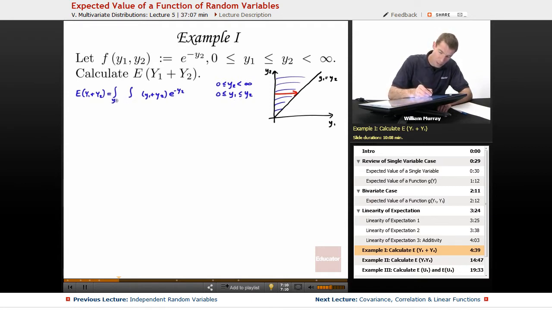Y2 goes from 0 to infinity. We'll take the limit as it goes to infinity. And y1 goes from 0 to y2. And that means I'm going to integrate y1 first because it's on the inside, so I'll put dy1 on the inside and dy2 on the outside.